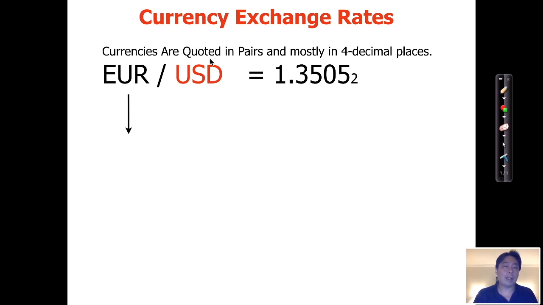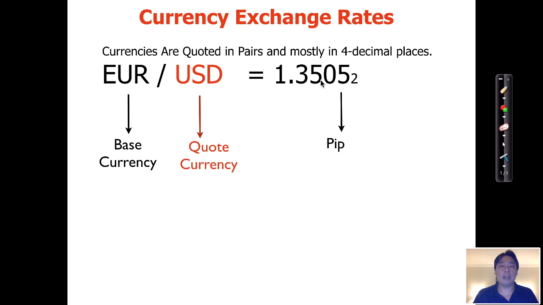When you see a currency pair, the first one is known as the base currency. So Euro is the base currency. USD is known as the quote currency. Like I said, the 4th decimal place is known as the pip, and the pip is the smallest change in the currency pair that we are concerned about. In this case, it is 3505.